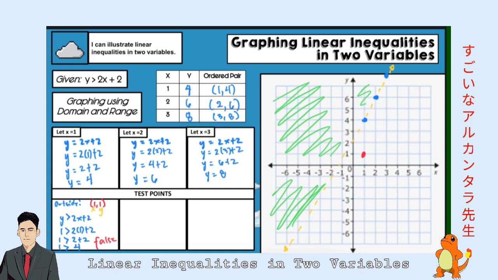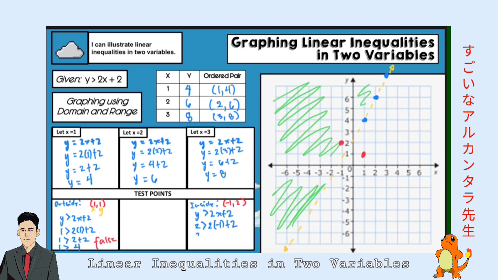Now let's go and check out a point inside the shaded region. By inside, let's choose the point (-1, 2). So let's use that point right here. Our inequality again is y greater than 2x plus 2. Our y is 2, greater than 2 times -1 plus 2.